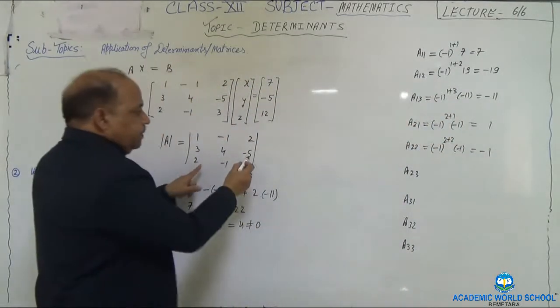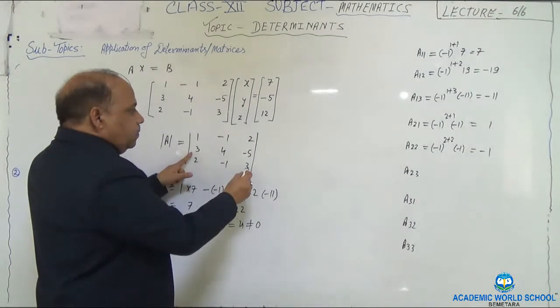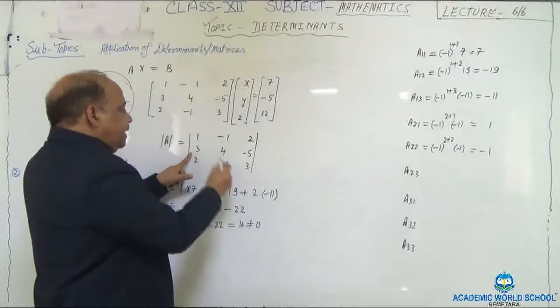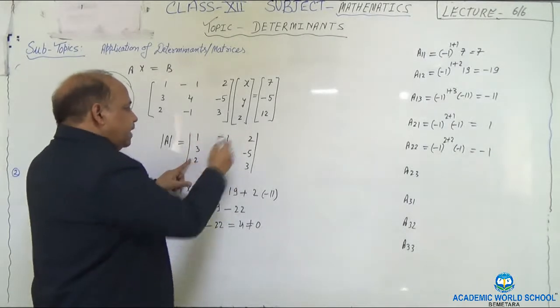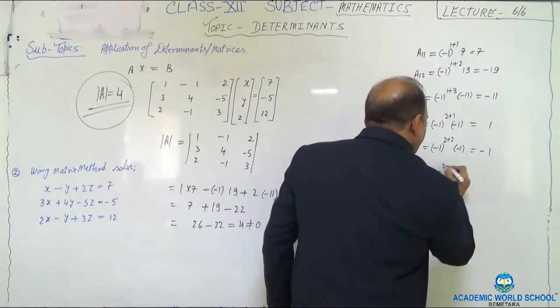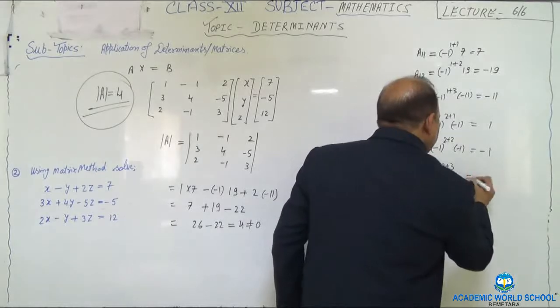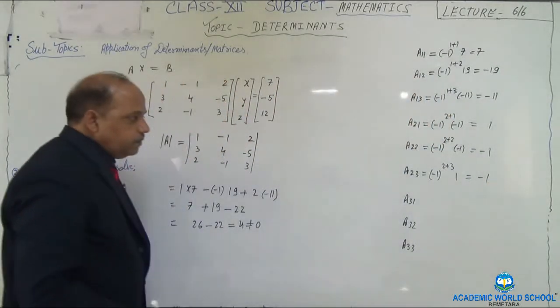Where is A23? A23, leave this part. So you are left with minus 1 and then plus 2. Minus 1 plus 2 means it is giving you 1. Therefore you can write minus 1 to the power 2 plus 3. Its value is 1, this is odd, therefore you are getting minus 1.